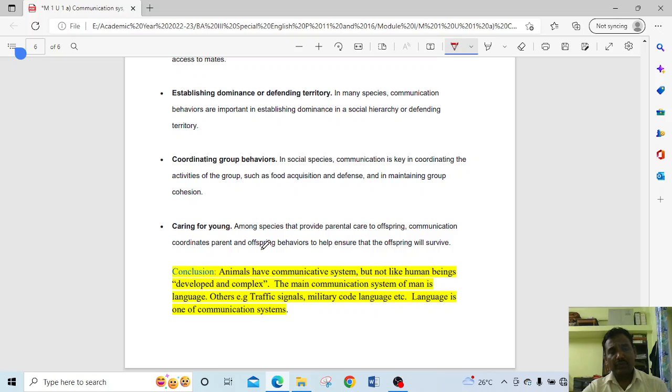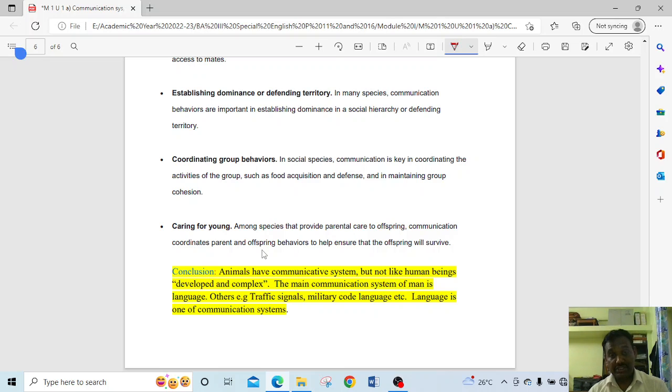Now, when you understand animal communication, one thing is clear: the animal communication system has not developed like that of human beings, because human beings have a developed and complex communication system, that is language, and the main communication system of man is language.